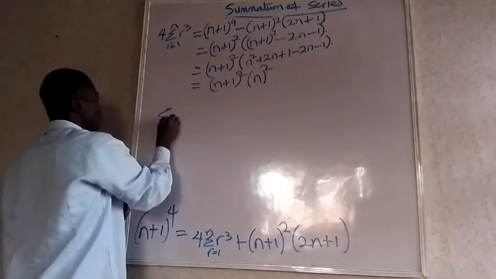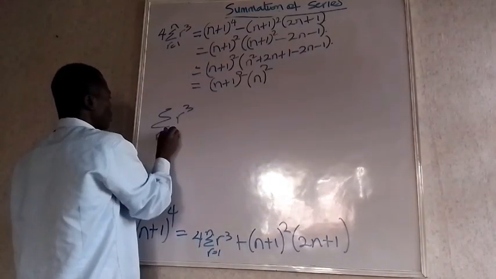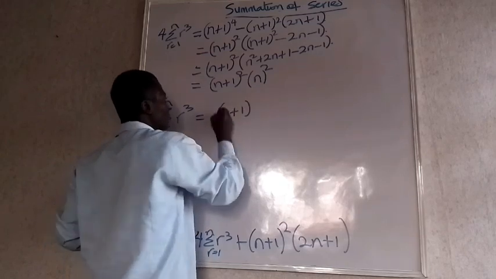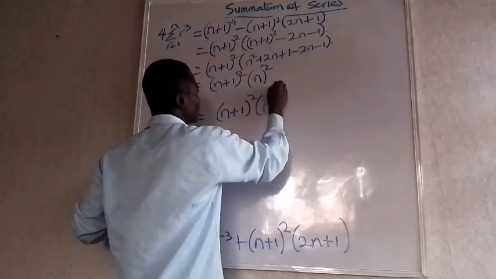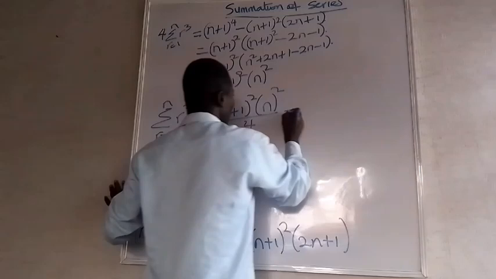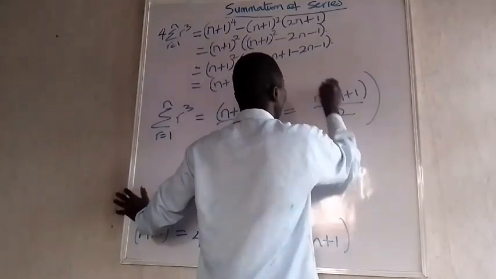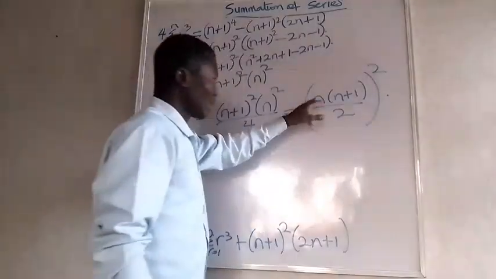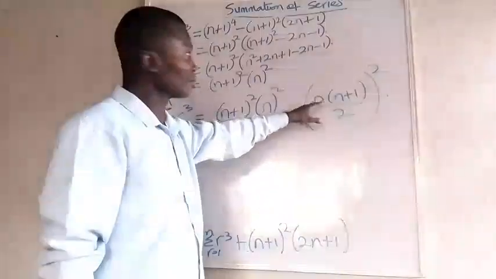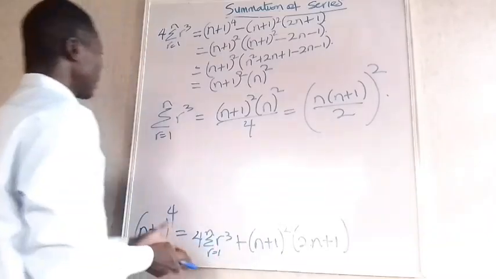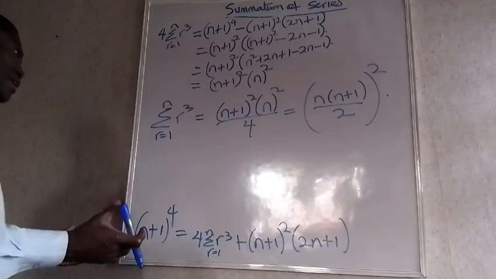So summation r cubed from r equals 1 to n is equal to n plus 1 into n squared over 4, which is n into n plus 1 over 2, all squared. Can't you see that this one looks like the sum for natural numbers all squared? So you can see, just follow the process, you get your answers.